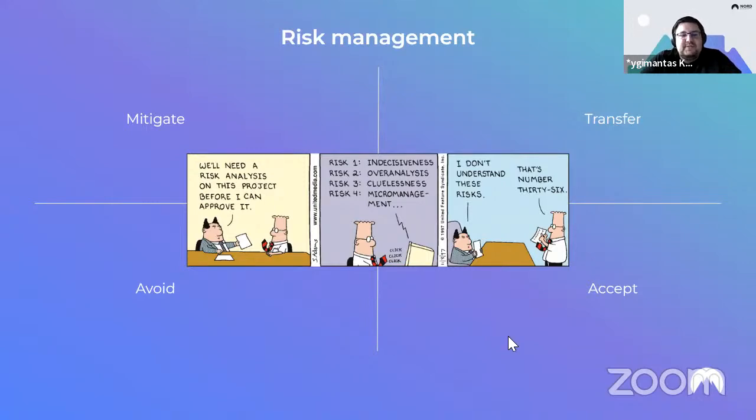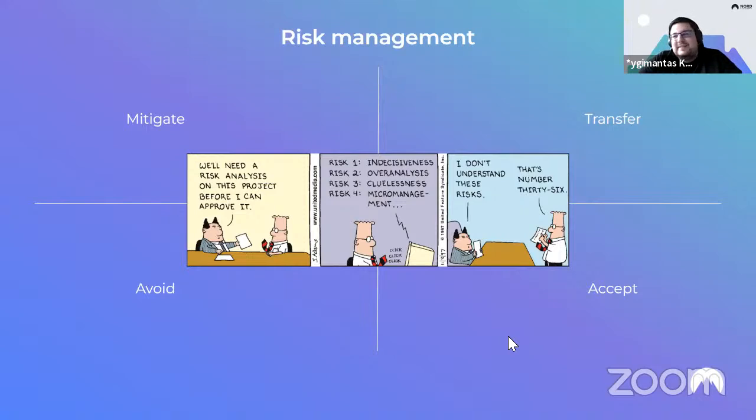The third strategy is to avoid the risk. Even though this sounds kind of interesting, it's a really good strategy, and it's the only strategy that basically works all the time. This means that if you have some kind of sensitive data and you are thinking that this data could be stolen, the avoid strategy would be just not to keep that data.